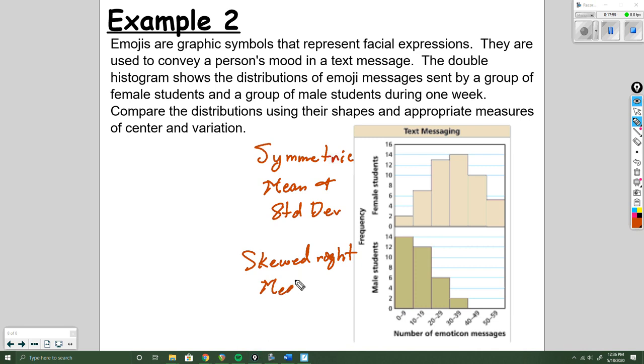That means for our measure of center, we'd probably use the median, and for the measure of variation, we would probably use the 5-number summary, or our box and whisker plot. If we want to compare and talk about the difference between these two populations, maybe when it was polled, females used more emoticons than males did. I'm not sure if that's accurate anymore.